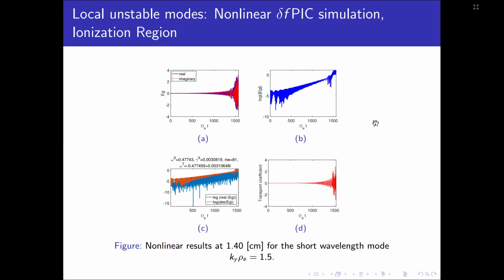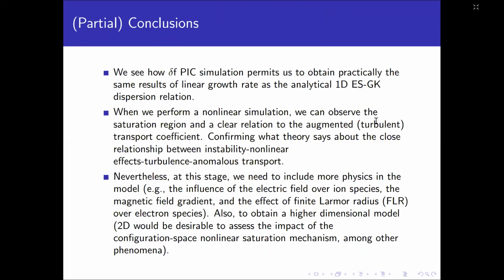So with these results, we can have these partial conclusions. First of all, we see how delta F particle in cell simulation permits us to obtain practically the same results of the linear growth rate as the analytical one-dimensional electrostatic gyrokinetic dispersion relationship.